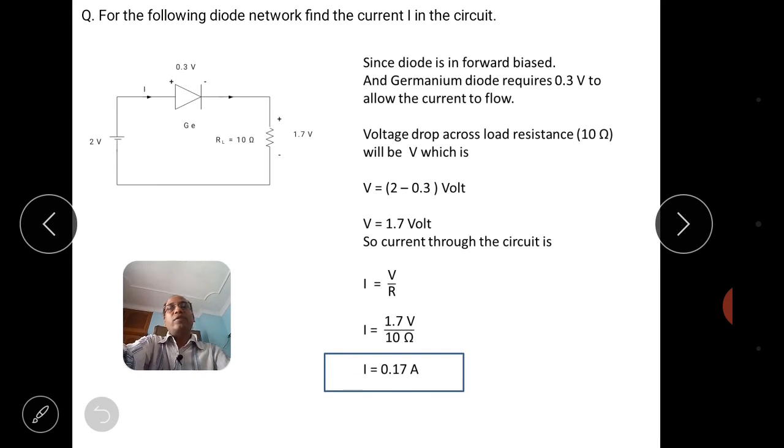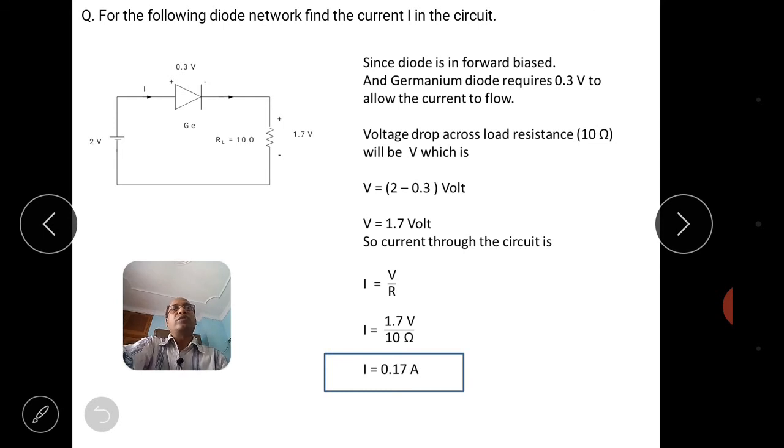Now we will be solving the same question, but in this case the silicon diode is replaced by a germanium diode. Here polarity suggests that this diode is also in forward biasing condition. Since the diode is in forward bias condition and the germanium diode requires 0.3 volt to allow the current to flow, the voltage drop available across the 10 ohm will be 2 minus 0.3 volt, that is V equals 1.7 volt.